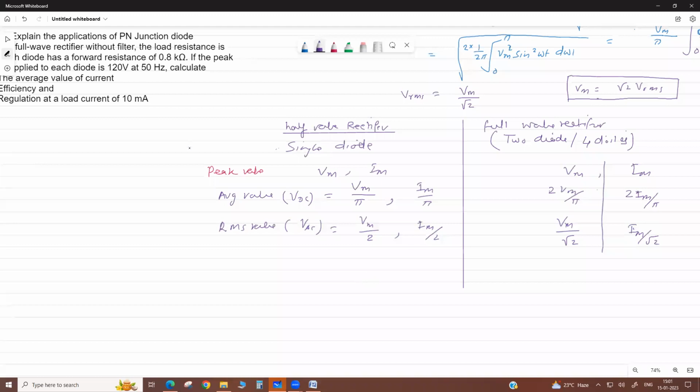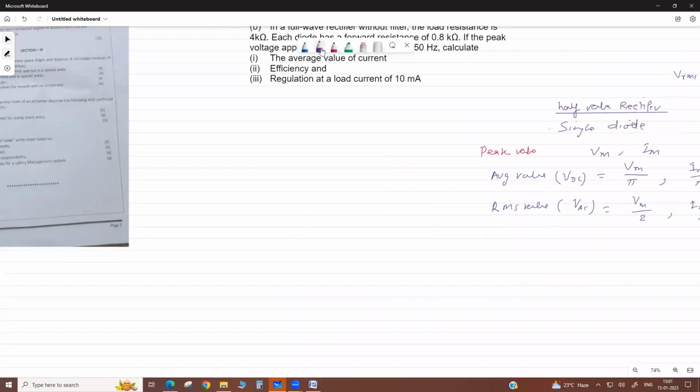This is for output, not AC. Actually, if you draw the diagram of the rectifier, what do we show? This is your rectifier, the supply voltage on the input side.